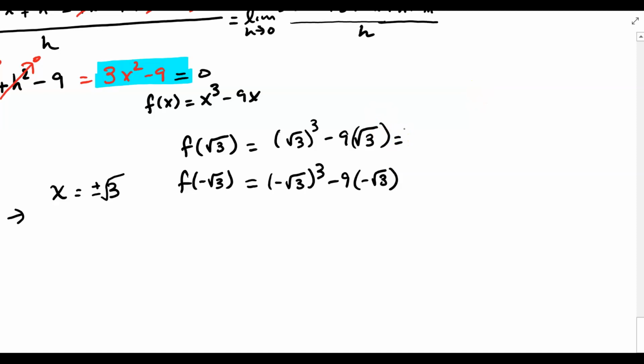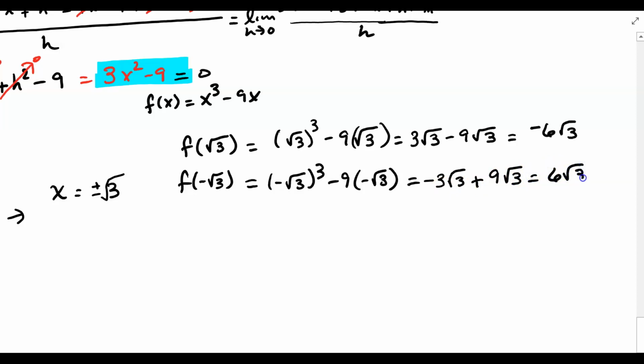And what happens here is that I end up with a square root of 3 cubed, which is square root of 3 times square root of 3 is 3, times another square root of 3 is 3 square root of 3, minus 9 square root of 3. That gives me negative 6 square root of 3. Okay, the next one is very similar, but it's negative 3 square root of 3, plus 9 square root of 3, because negative times negative, and that ends up being 6 square root of 3.